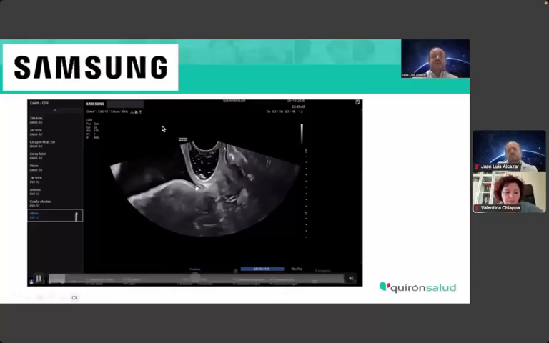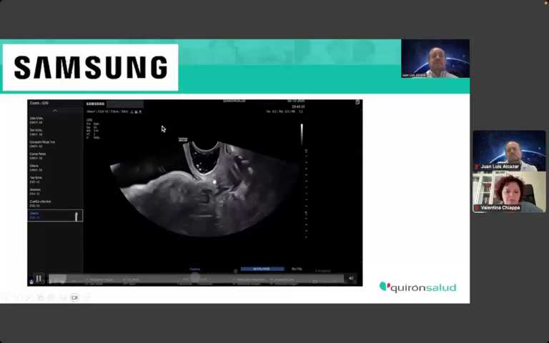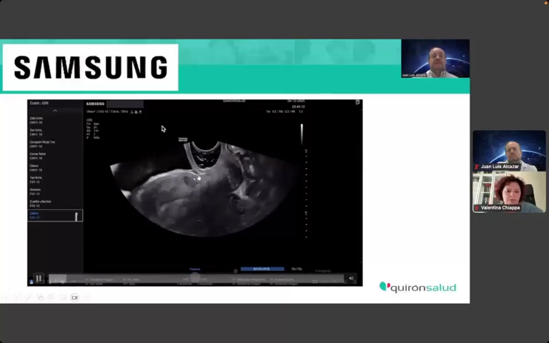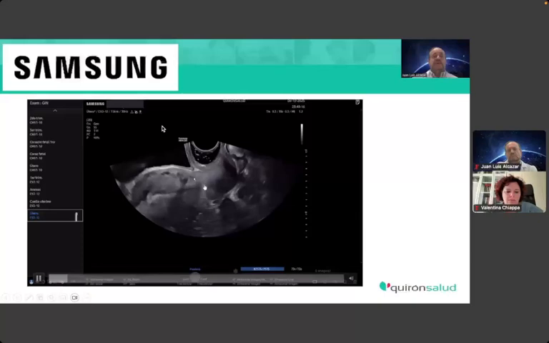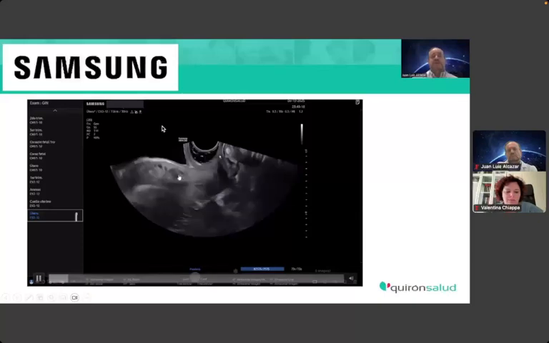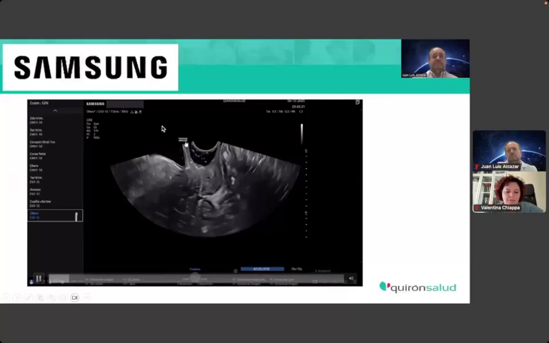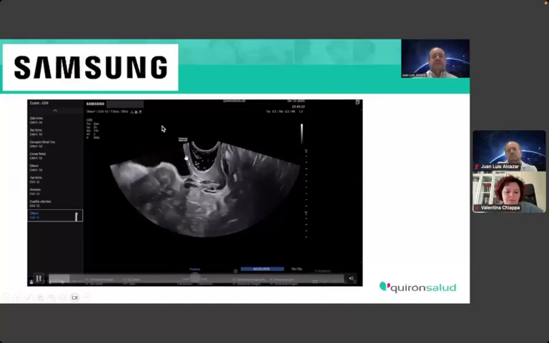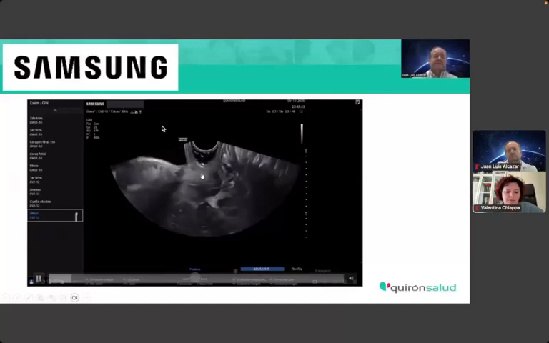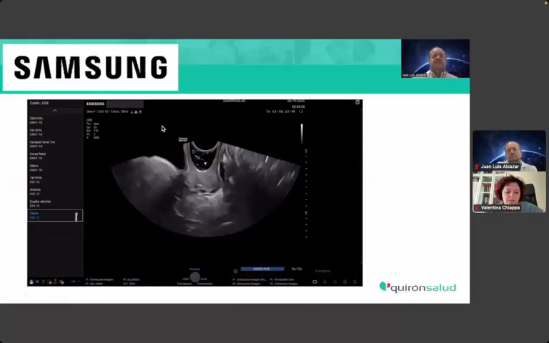So here you see the anterior vaginal fornix, and then you see the uterus right there with a small lesion here, could be adenomyoma. And you see again the anterior vaginal fornix. It is easier to observe that part if you put gel into the vagina.